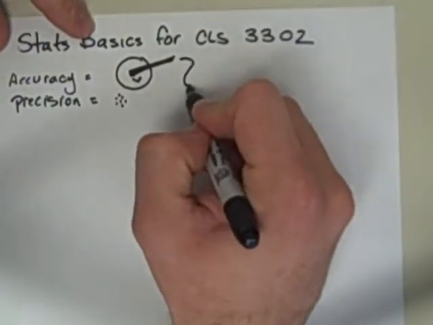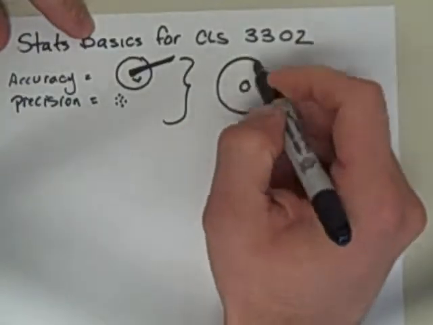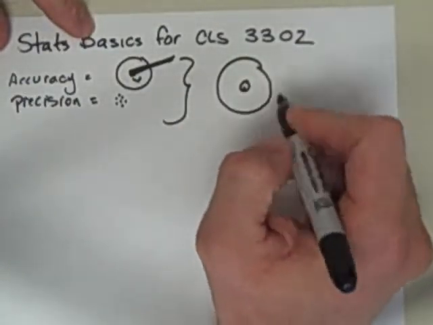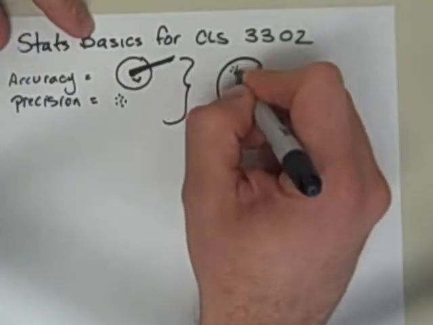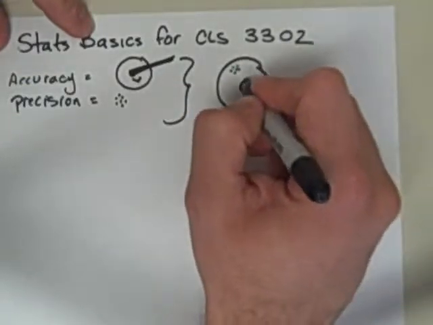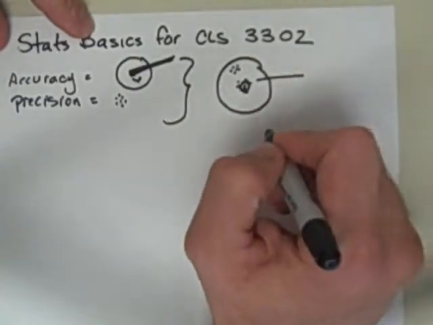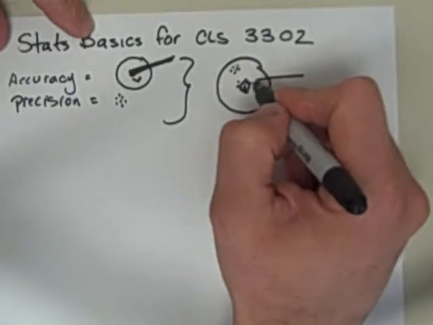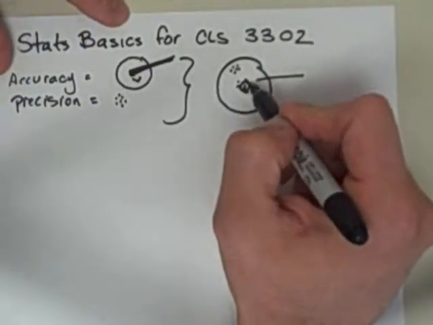What we want in the lab is not just accurate, and definitely not just precise, but both precise and accurate, with all of our values huddled around the value we should be getting without a whole lot of deviation.